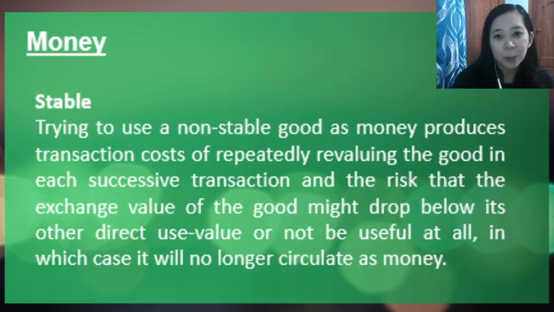Okay, so trying to use a non-stable good as money also reduces efficiency and increases transaction cost because we have to repeatedly revalue the good in each successive transaction. So there will also be a risk that the exchange value of the good might drop below its other direct use value, or they may not be useful at all.